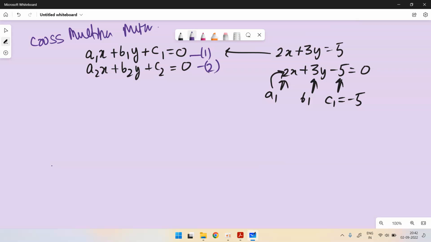Now I need to first eliminate the x. So I will multiply the whole equation 1 by a2, and I will multiply the whole equation number 2 by a1. You don't need to remember this step, but I am deriving the formula so that in the paper, if you get confused or don't remember the formula, you can easily derive it like this.